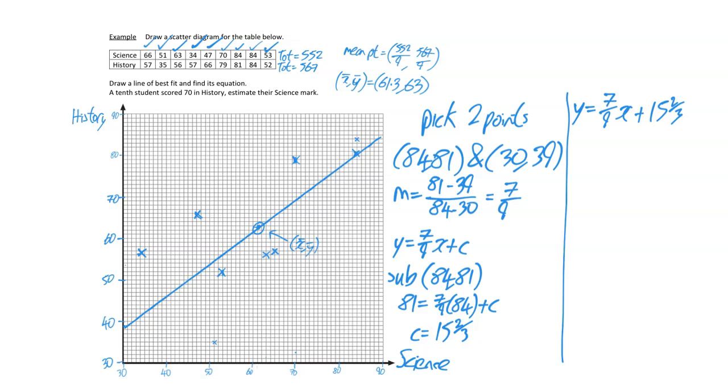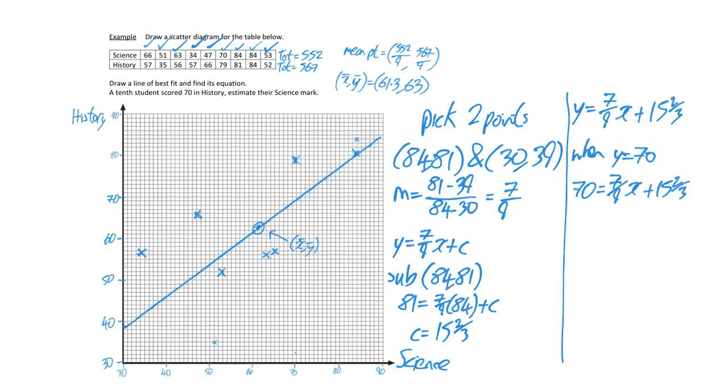Now the question says 10 students scored 70 in history, estimate their science mark. Remember, the y value is your history. So when y is equal to 70, that means 70 is equal to 7 over 9 times x plus 15 and 2/3.